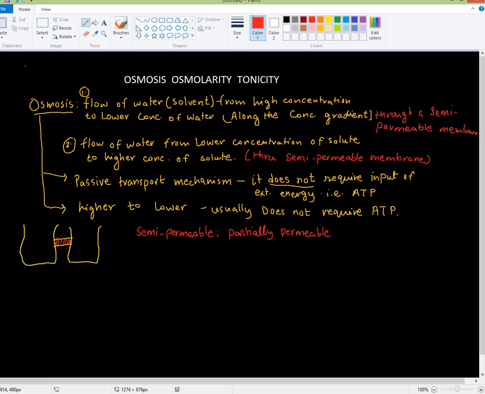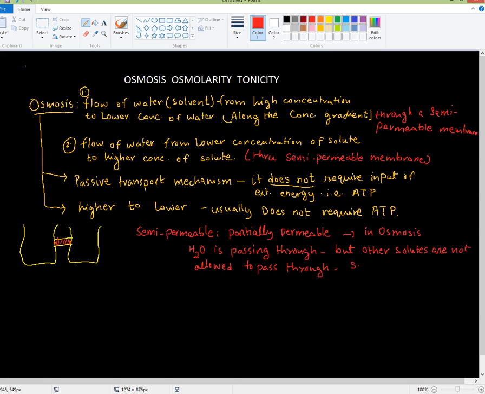So in osmosis only H2O is passing through, but other solutes are not allowed to pass through because the solutes are not permeable.